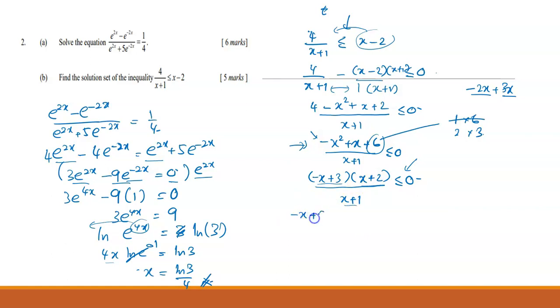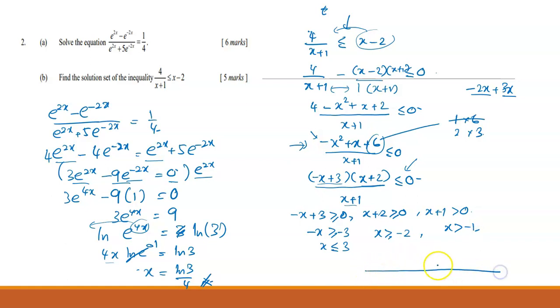Negative x plus 3 greater than or equal to 0. x plus 2 greater than or equal to 0. x plus 1, the denominator, cannot be equal to 0, so we just put it as greater than only. So negative x greater than or equal to negative 3, and x less than or equal to 3, because multiplying with negative changes the direction. x greater than or equal to negative 2 and x greater than negative 1.